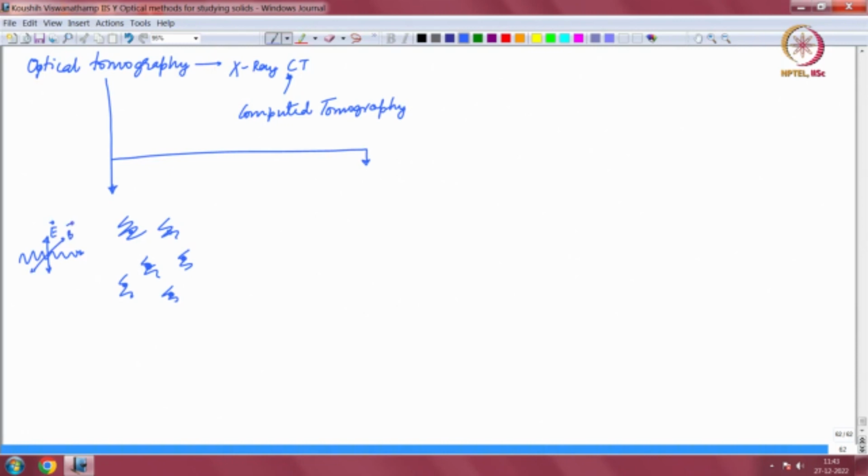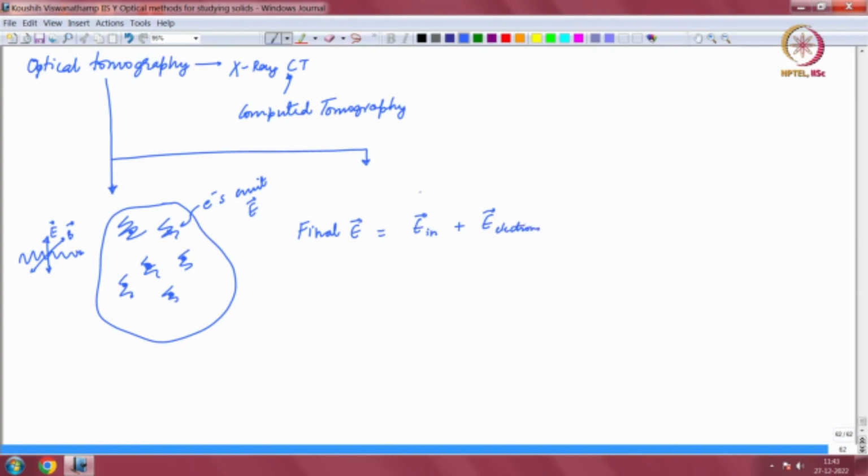The electric field actually excites these electrons, and the electrons then start oscillating back and forth, and they start emitting their own electric fields, right, because oscillating charges will emit electric fields. So the electron has its own field that is generated. The sample comprising this entire set of electrons basically contributes its own contribution to the incoming field, and the final field that you see was, if you remember, a combination of what was coming in and what was generated because of the electrons.